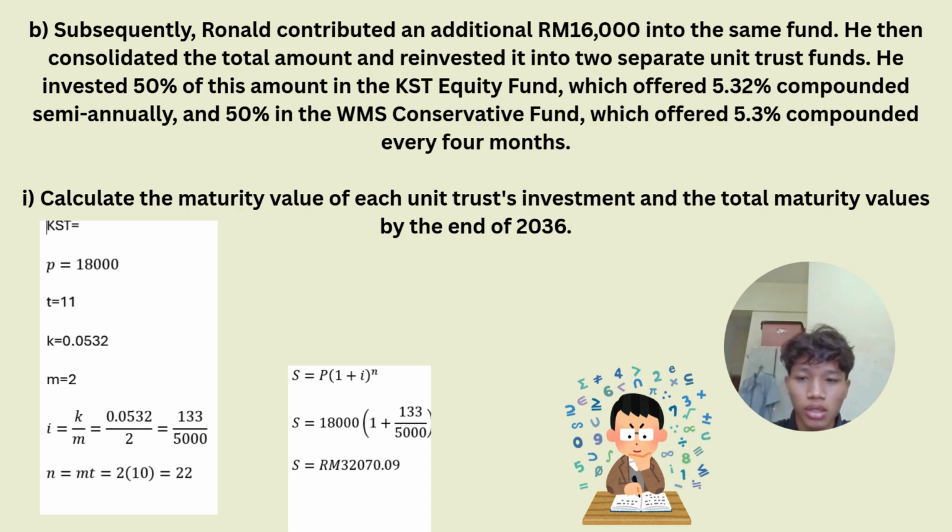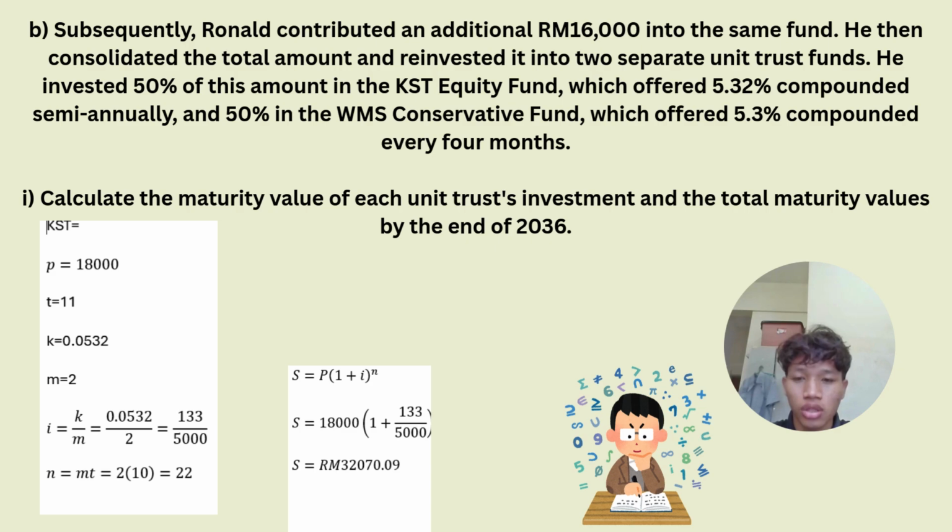To get I, we have I equals K over M, so 0.0532 over 2 equals 133 over 5,000, and that's the I. Then we find N. N equals MT, M is 2 and T is 11 years, so 2 times 11 equals 22.